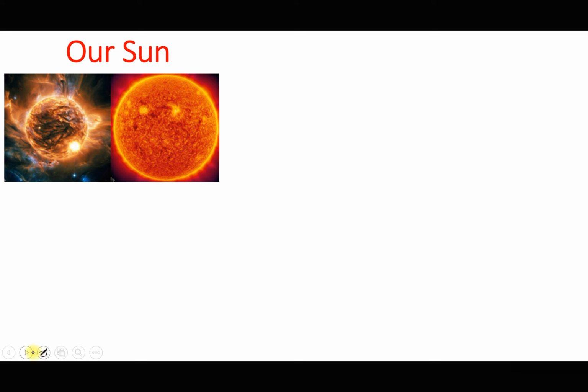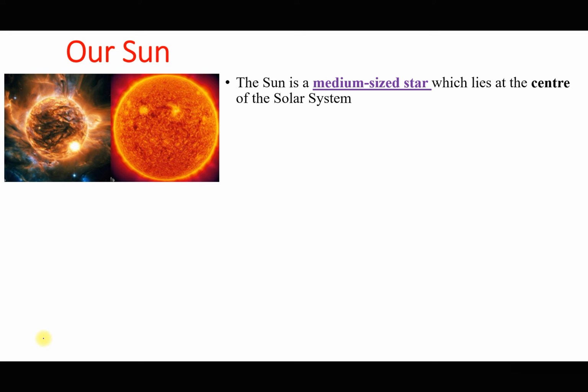Like I have already mentioned in the objectives, the sun is a medium-sized star which lies at the center of the solar system. Remember, when the accretion disk was formed, the dust and gas which were pulled towards the center became hotter and denser, and then our sun was formed at the center of our solar system.